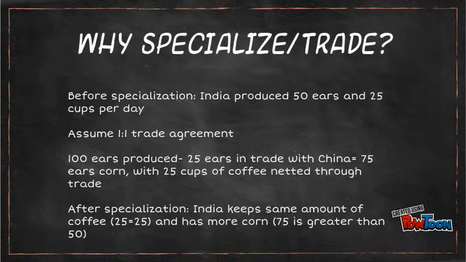If it trades 25 of its 100 ears of corn to get back the cups of coffee it would normally have, then it has the 25 cups of coffee that it used to produce, and it still has 75 ears of corn, which is 25 more than it used to. So that shows the benefits of trade and specialization.